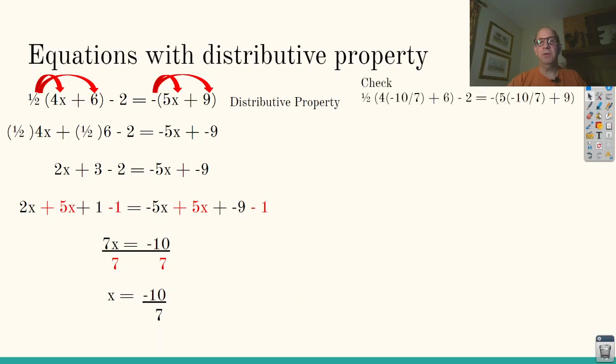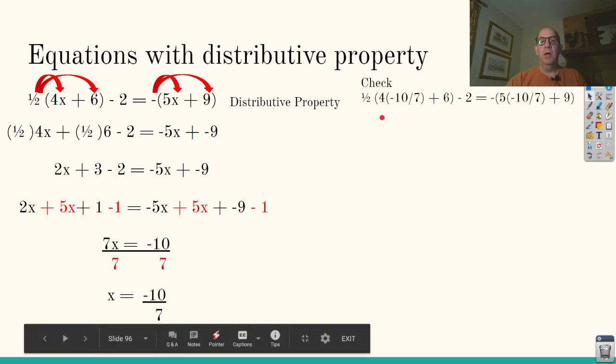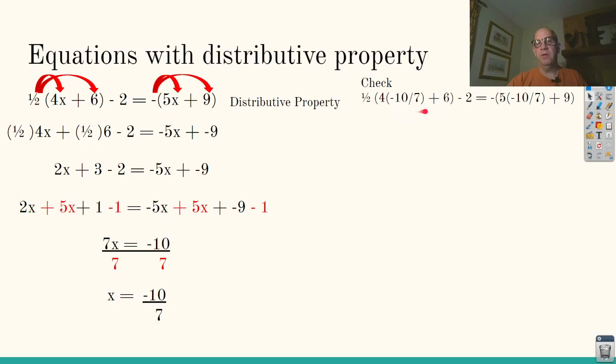Check by putting everything back in there. A half times 4 times negative 10 sevenths plus 6 minus 2. Negative 5 times negative 10 sevenths plus 9. So that's a half of negative 40 over 7, which is negative 20 over 7. 50 over 7 minus 9.